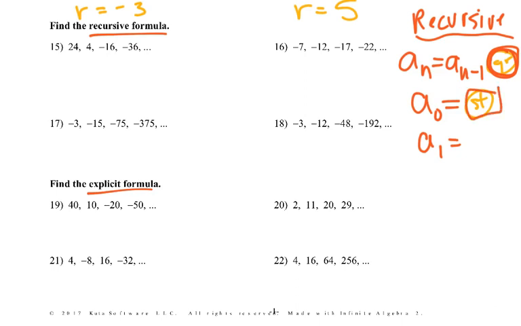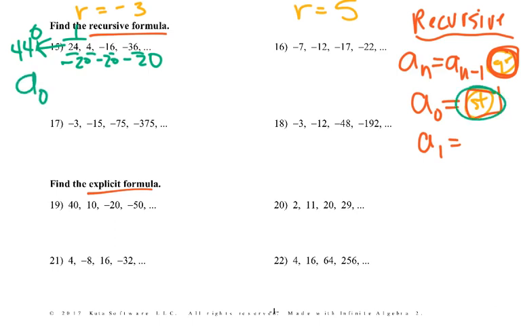So first, let's find the growth. So 24 to 4 to negative 16 to negative 36. So it looks like we're subtracting 20 each time. So if we're subtracting 20, we need to go back to the 0 term, because 24 is the first term. So going back to the 0, we do the opposite and add 20 and get 44. So our starting number, we go a sub 0 equals 44, because we need that part in there.